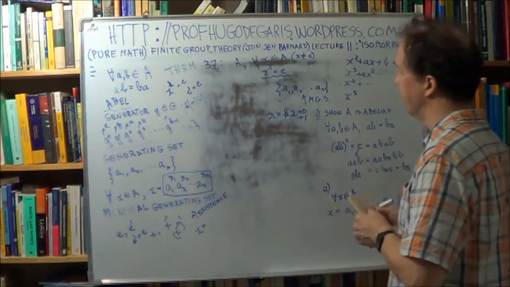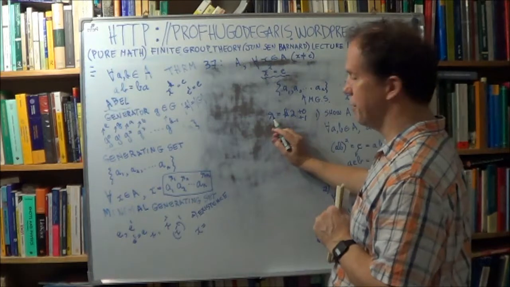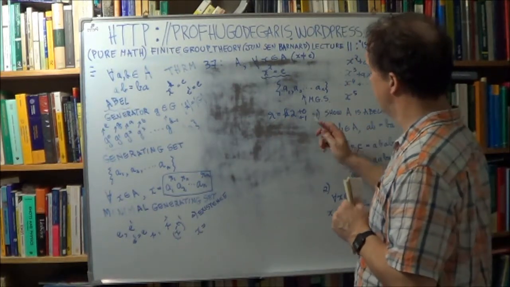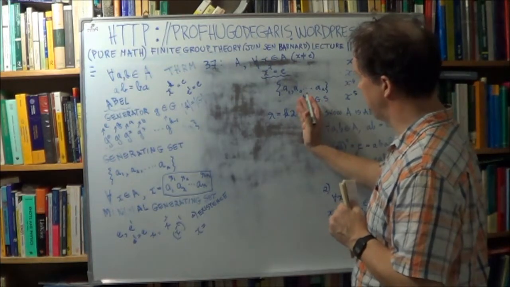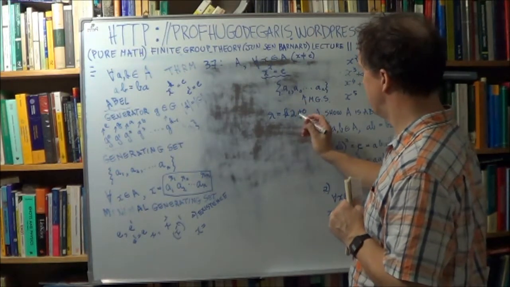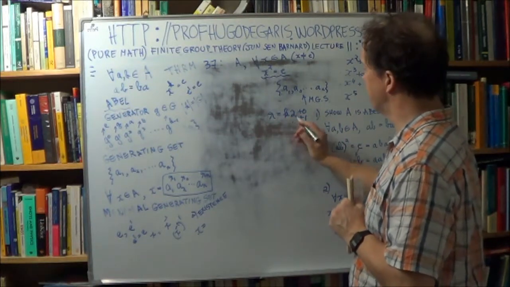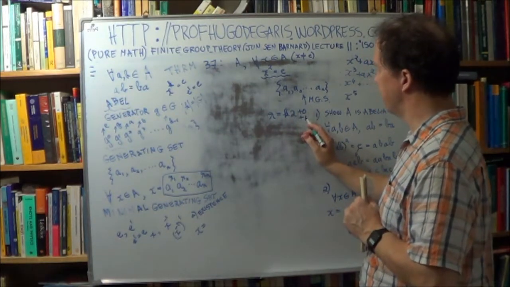In other words, r is an integer, so it's odd or even. If it's even, it'll just be of the form 2k, and k is just an integer. Now if it's odd, it'll be of the form 2k plus 1.